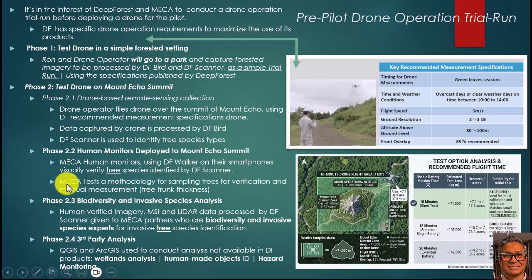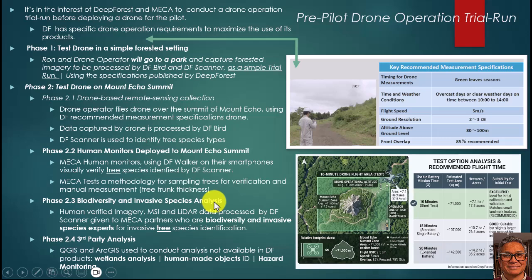At this point, MECA will also test a methodology for sampling trees for verification of the tree species identified by DF Scanner. And manual measurements are taken that cannot be remotely sensed, such as the tree trunk thickness of specific trees in the sampling area.